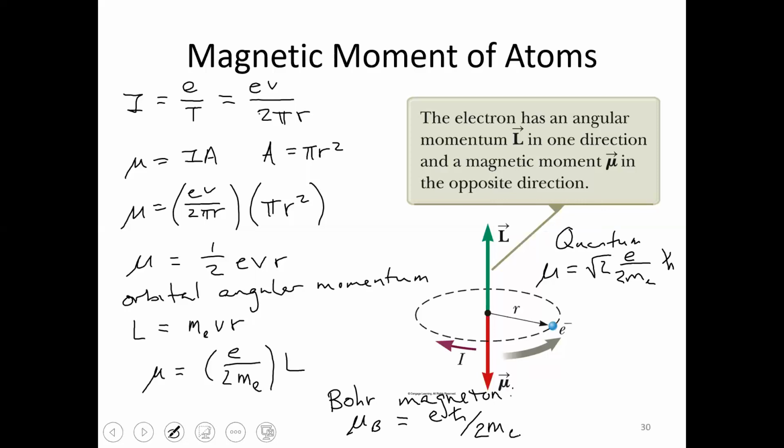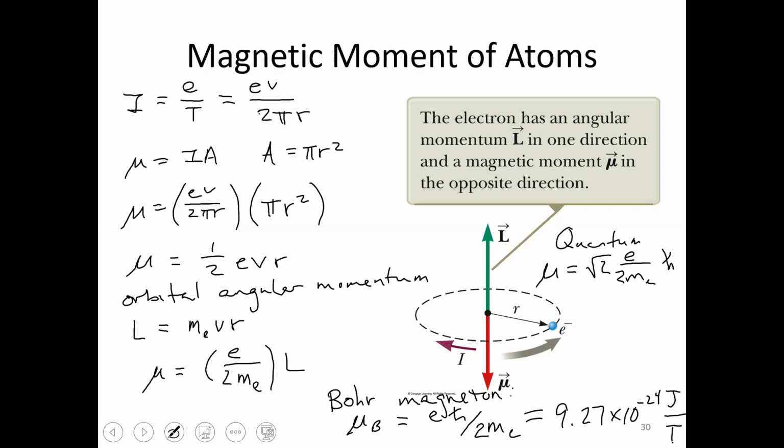Since these are all constants for an electron, the Bohr magneton is 9.27 times 10 to the negative 24th, and that is in joules per Tesla. So that's a really quick, brief explanation of the magnetic moment of atoms.